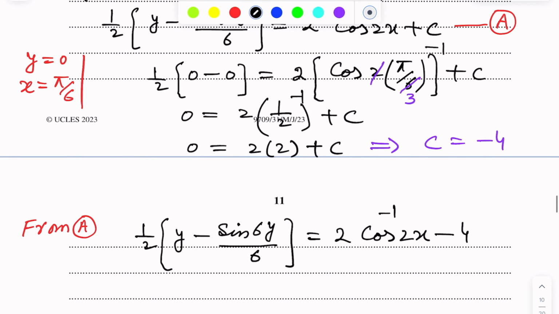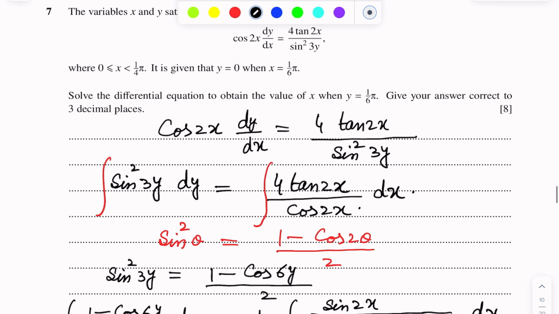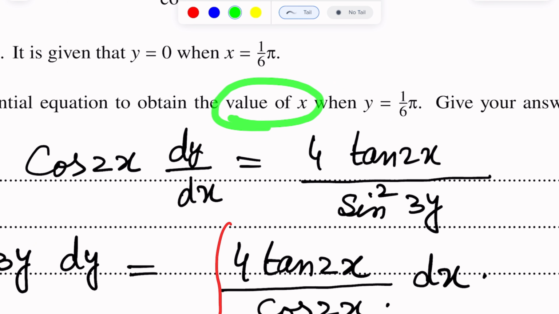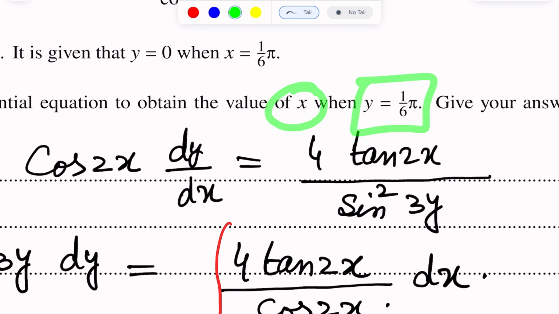Now we actually have to find the value of x when y is equal to pi by 6. We have to find the value of x when y is equal to pi by 6.